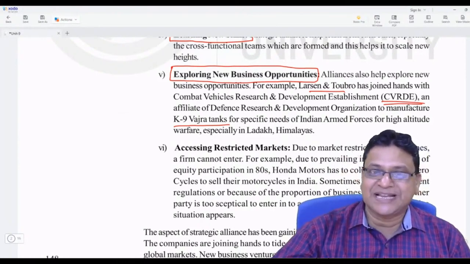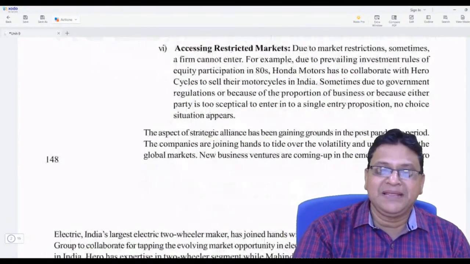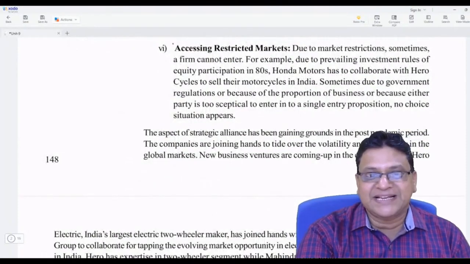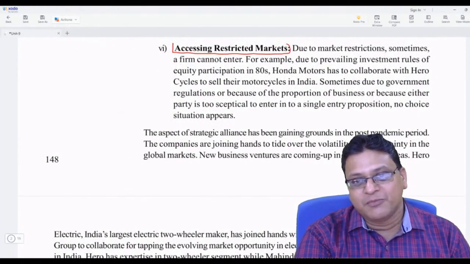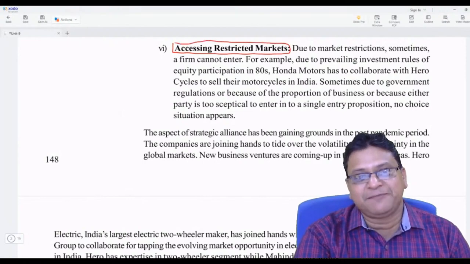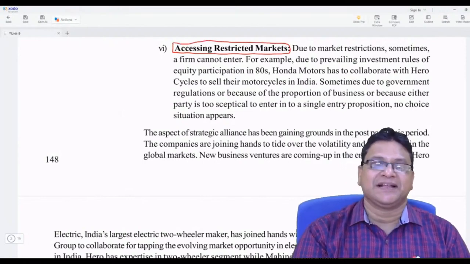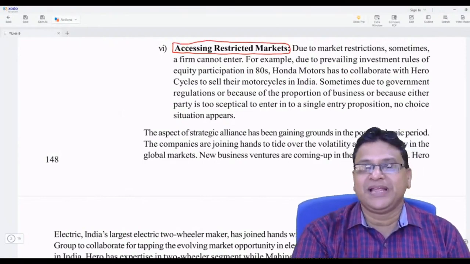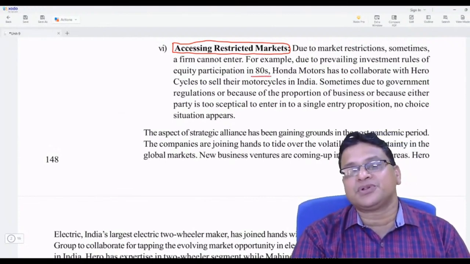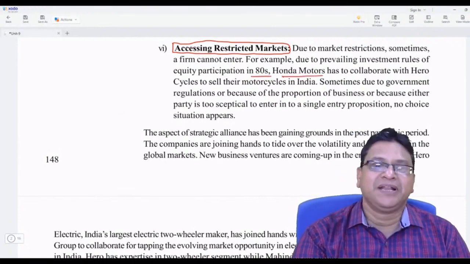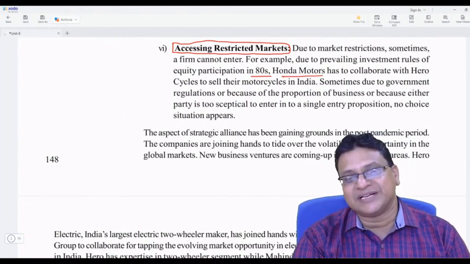Then access to restricted market. In many cases, governments restrict the entry of foreign players. They give restricted entry. Let's take an example. During the 80s, Honda Motors wanted to come into India, but Indian rules did not allow it.